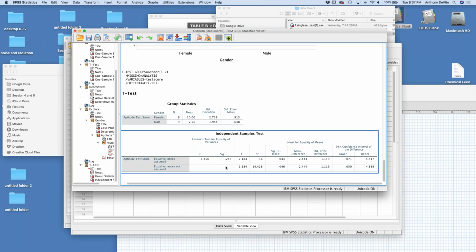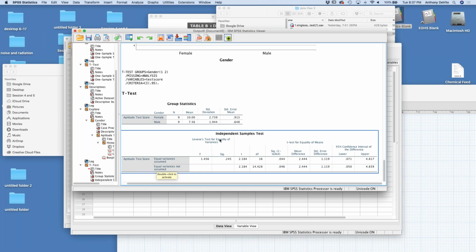It actually calculates the probabilities for this. Like many other things that we do, the null hypothesis, the default hypothesis, is that equal variances are assumed. So unless the probability that this is not right is less than 5%, I'm going to stick with the top row.